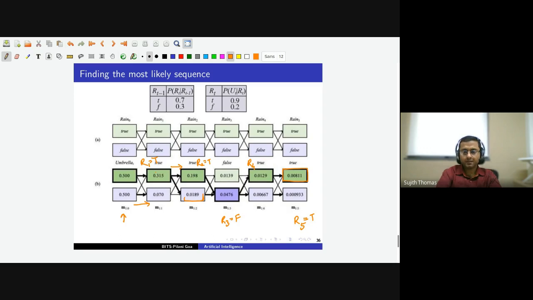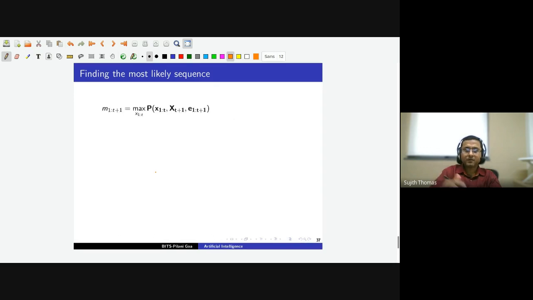Okay, so let me just move on. So basically, we are passing some message to the next time step. So the message for t+1 time step is basically the two probabilities for x t+1. So message at time step t+1 are two probabilities associated with x t+1.